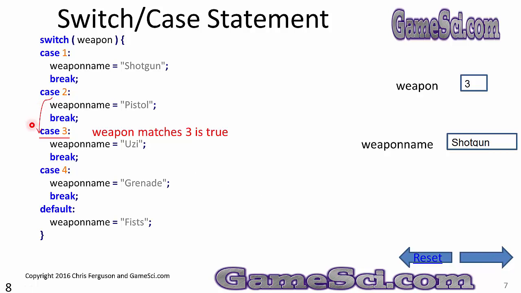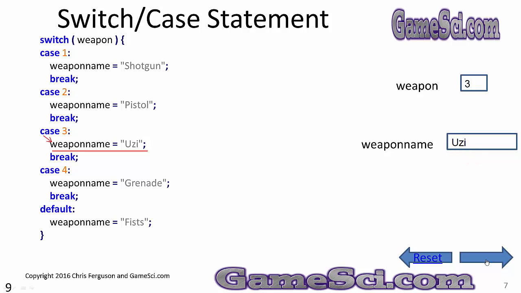The next case happens to be case 3. The value in weapon does match 3. Weapon contains a 3. Case 3, it's a match. Since this is a true statement, it's going to execute the code in case 3. So weaponName equals Uzi executes. You can see my weaponName variable changed to Uzi.